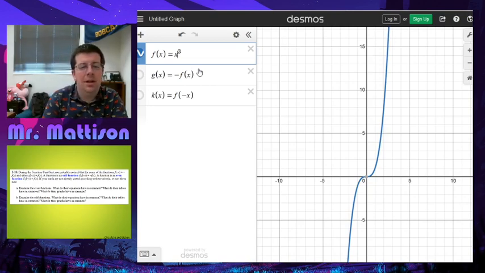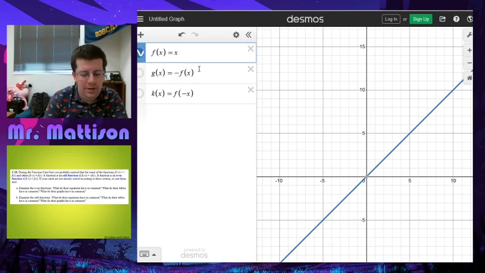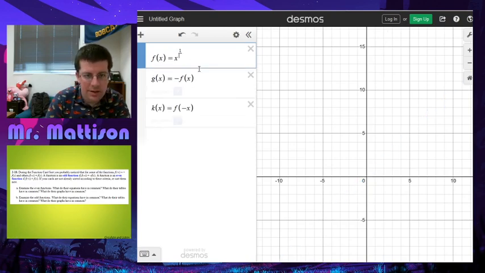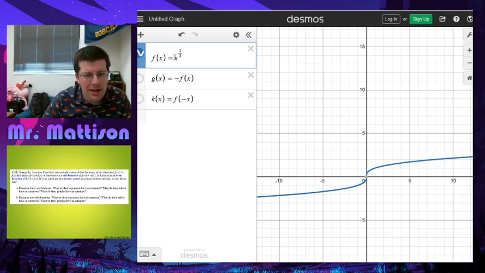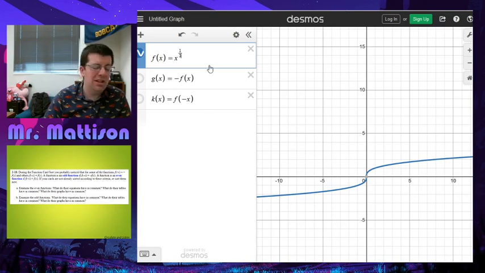Same thing with the cube root. If I raise it to the 1/3 power, same as a cube root there, and flip it vertically or horizontally, I get the exact same result. Likewise, if I put a negative on the inside or on the outside, I'm still going to get that negative result, which works for any one of those.